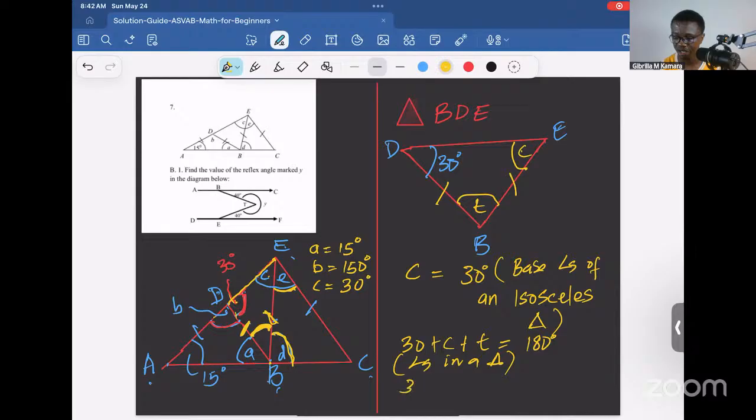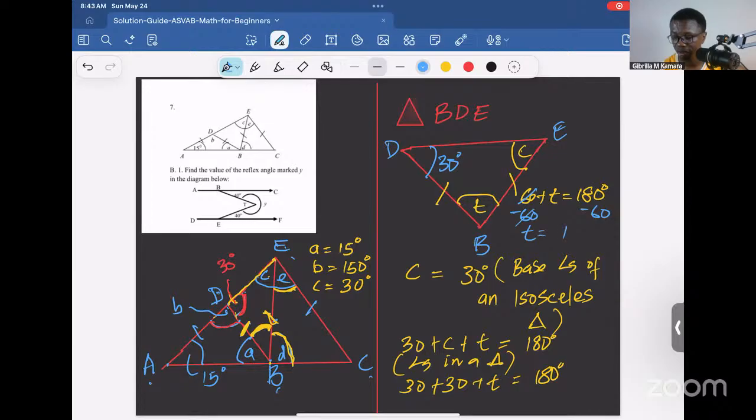So we say 30 plus 30 plus T is equals to 180 degrees. So 60 plus T is equals to 180 degrees. Then we need T, so minus 60 here, this again minus 60. This and this goes. My T is 120 degrees.